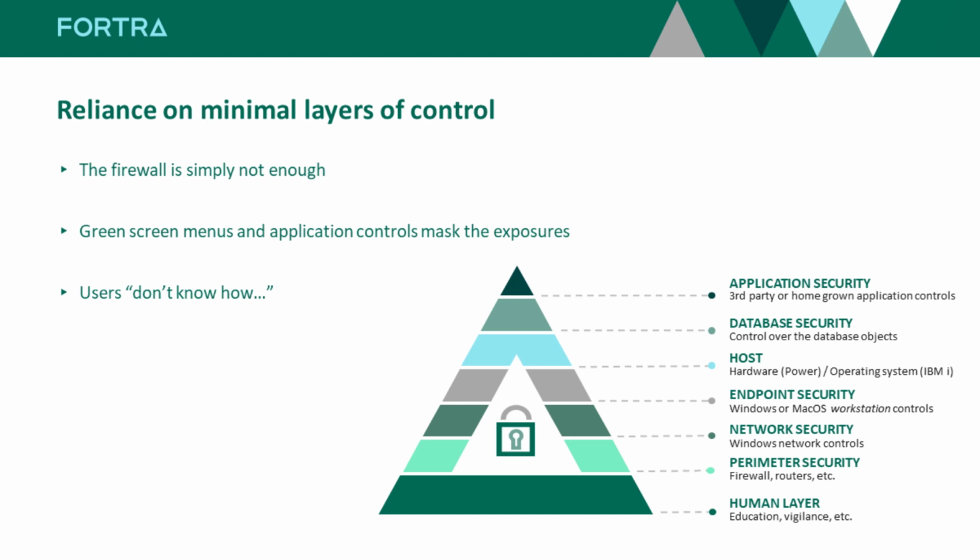Your green screen menus and application controls are valuable if the user is going through the approved, expected interface. But what it does is mask the exposures that are actually there. The IBM i has so many connection points to the system beyond the green screen, and without proper controls in place, you have no visibility into who's using it.